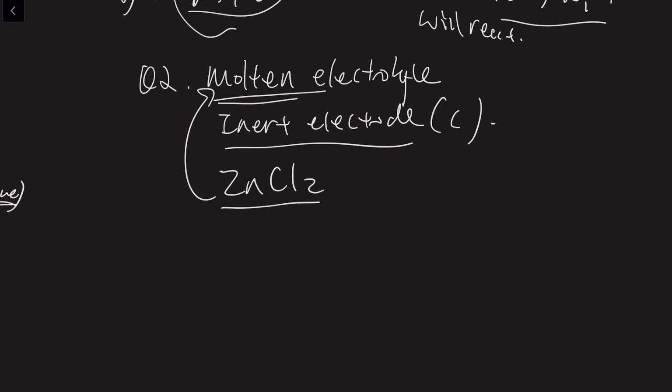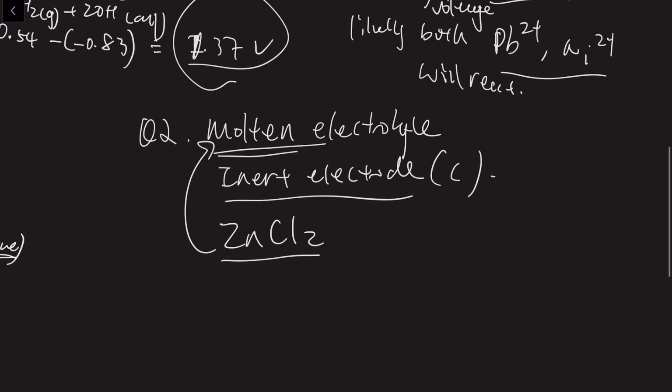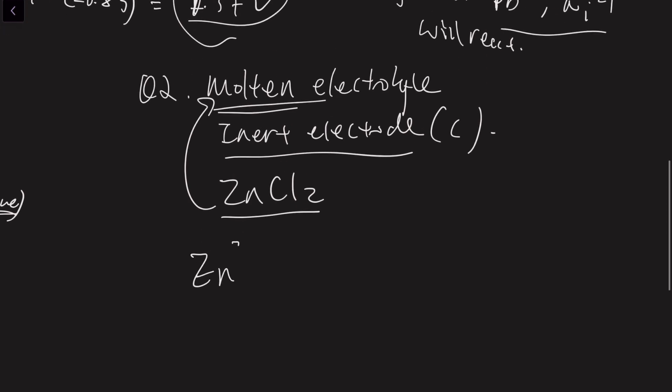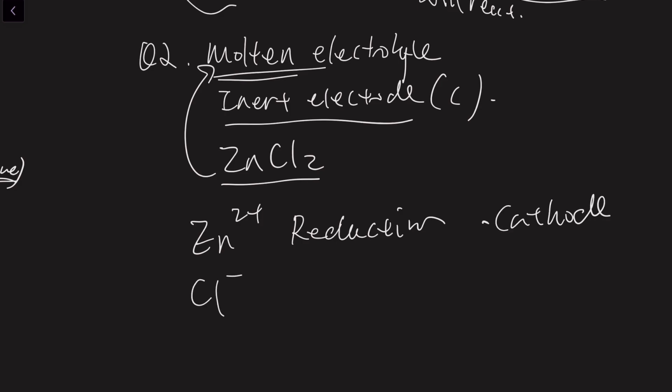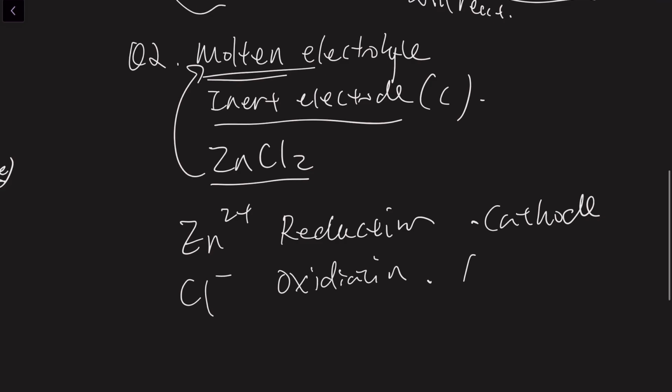So let's have a look at which reaction would occur. We have the zinc 2 plus ion. It can only ever undergo reduction. Reduction happens at the cathode. The chloride ion can undergo oxidation at the anode. And it's always possible as long as you put in enough voltage.